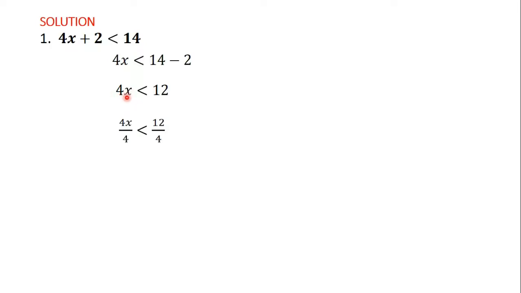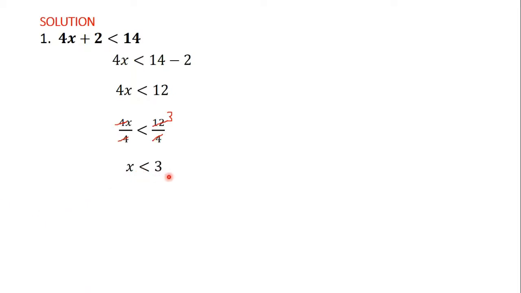We divide 4x by 4. We divide 12 by 4. 4 will cancel 4. Then 4 will cancel 12 3 times, which means that we are going to have x is less than 3.